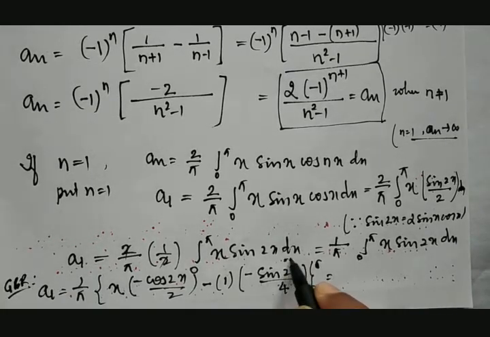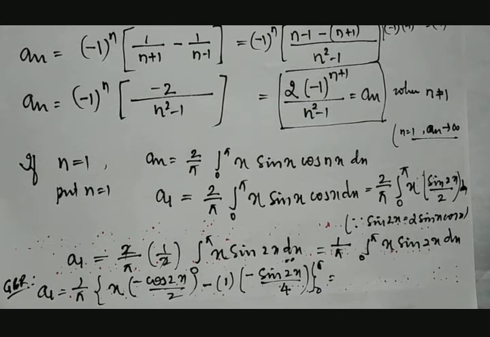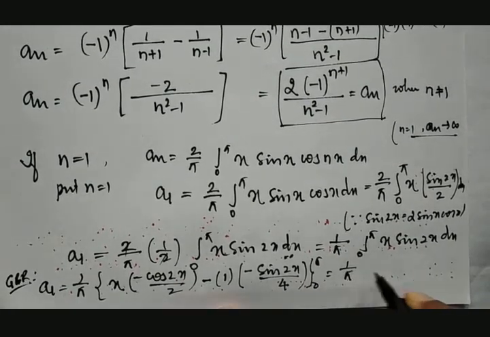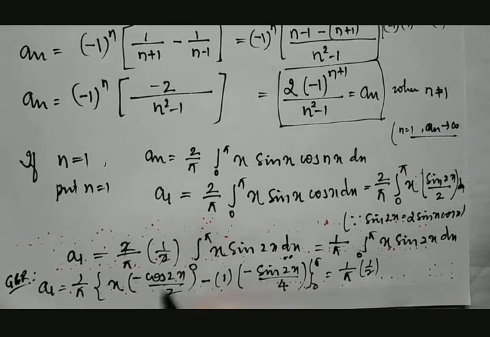But again, due to the limit, the sine term becomes 0. Therefore, this is 1 divided by pi into, this 1 by 2 is also taken out.